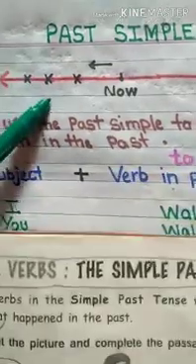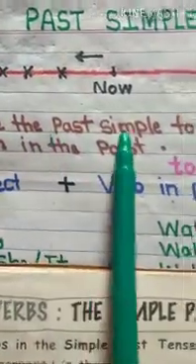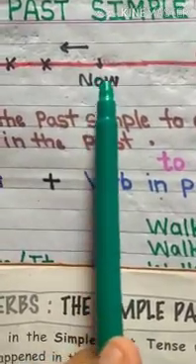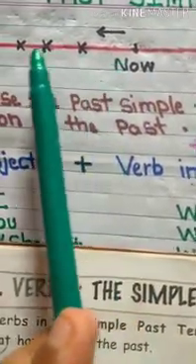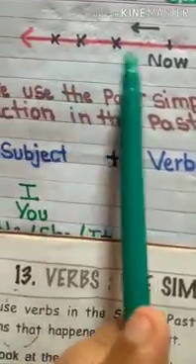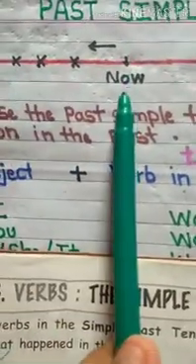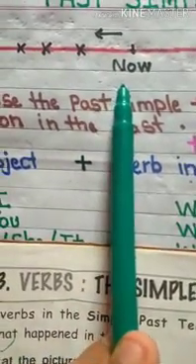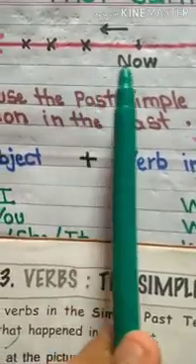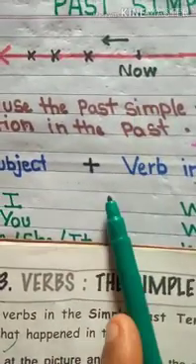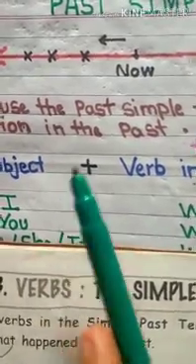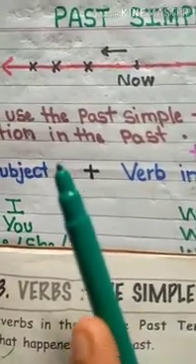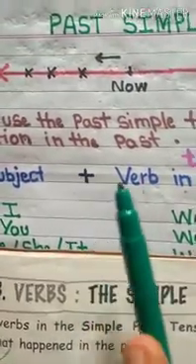Now here you see I have shown a timeline. Here you see now, and everything before now is in the past. So when we talk about the past simple tense, we are talking about the time that is before now, an event or situation that started and ended in the past.